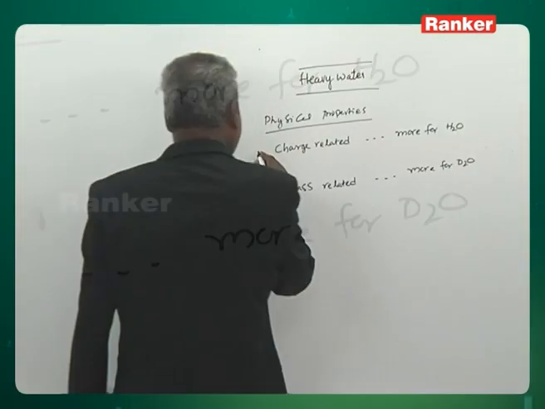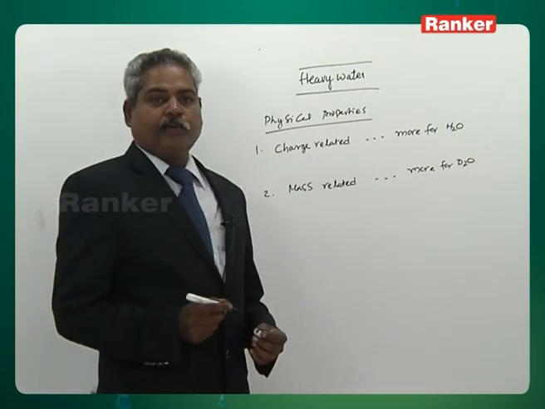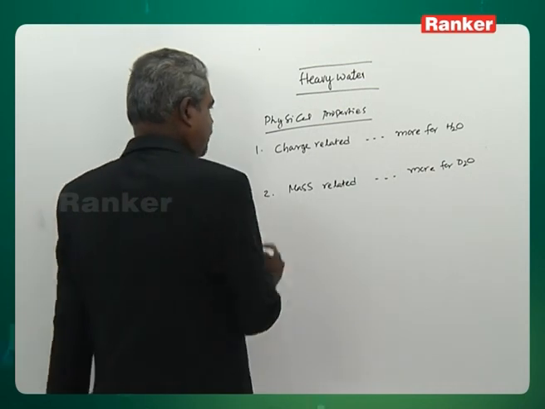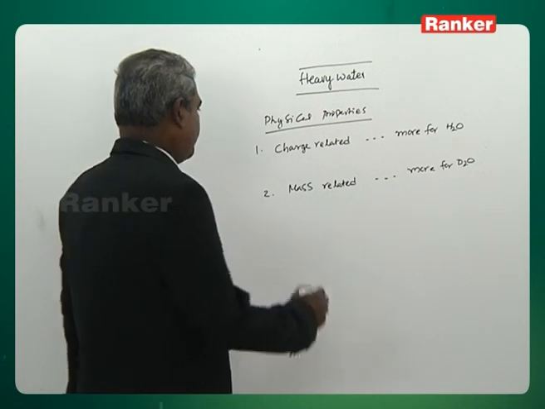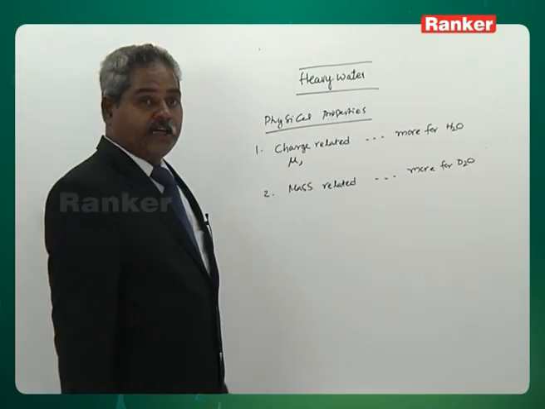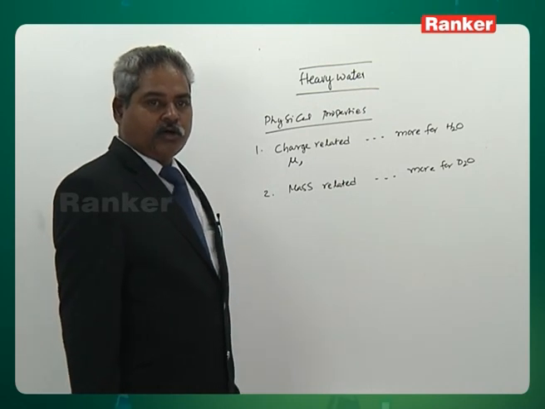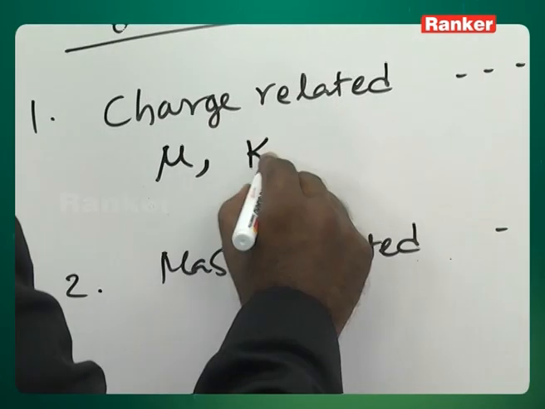Let me explain what I mean by this. What are charge related properties? Dipole moment. You know, dipole moment is because of H plus O minus. And ionic product, the concentration of H plus ions, OH minus ions, Kw.